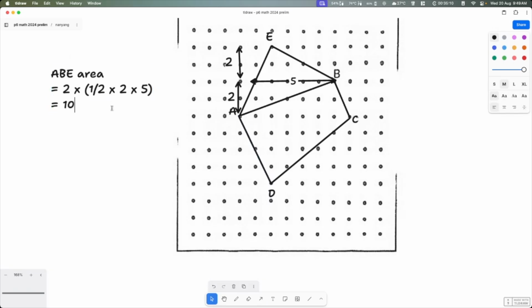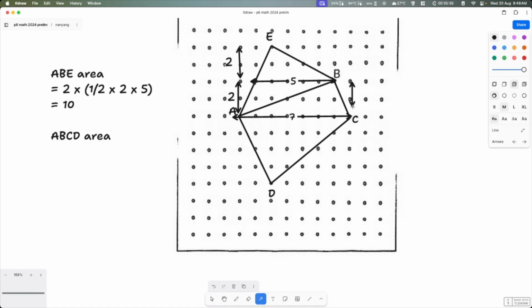Now the area of ABCD is also the same thing, 2 times the area. So this is 1, 2, 3, 4, 5, 6, 7. So this is 7. I'm just going to make this a bit clearer over here. So 7, and then we have 7 like this.